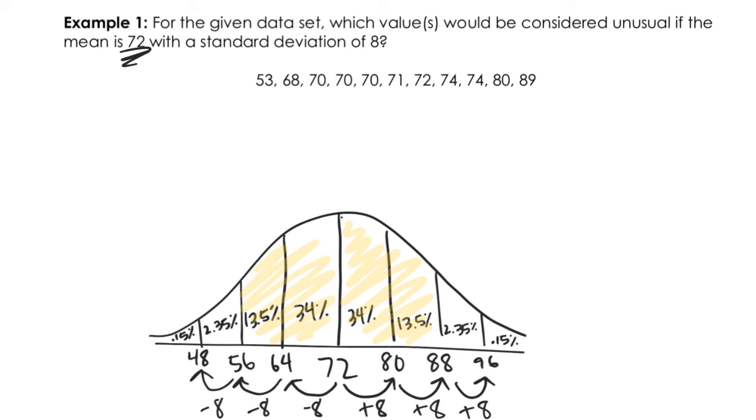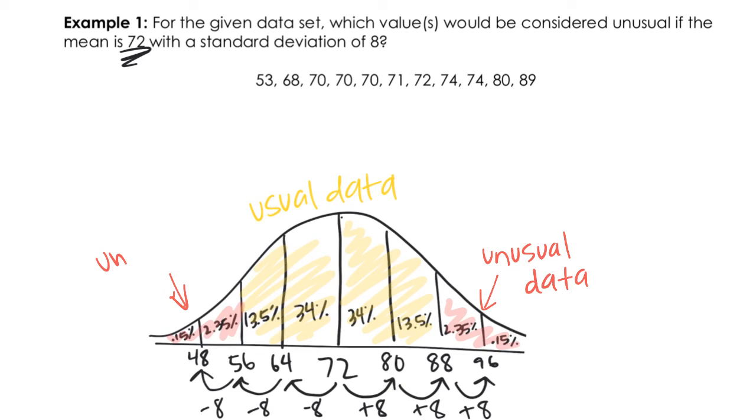So this is where your usual data is at, which means that the ones outside of here, the red ones, let me do the highlighter. The red ones out here is where your unusual data is. So unusual data is outside of those 2 standard deviations away.